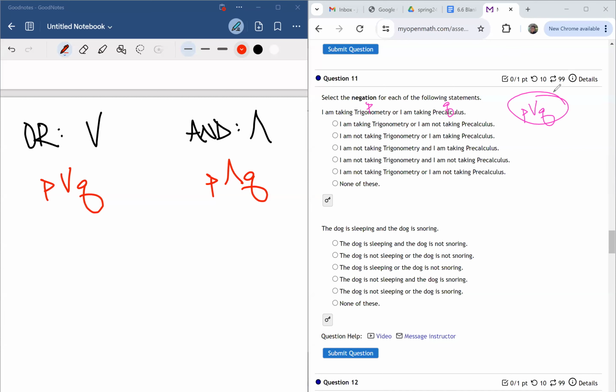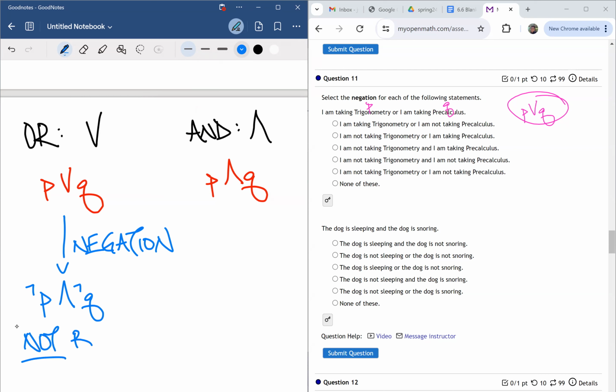Now, the negation for an or statement, let me go ahead and write it over here. The negation of an or statement is that neither of those things is happening. So it's not just like, oh, I could have this one or I could have this one. It's like not P and not Q. In other words, not both.